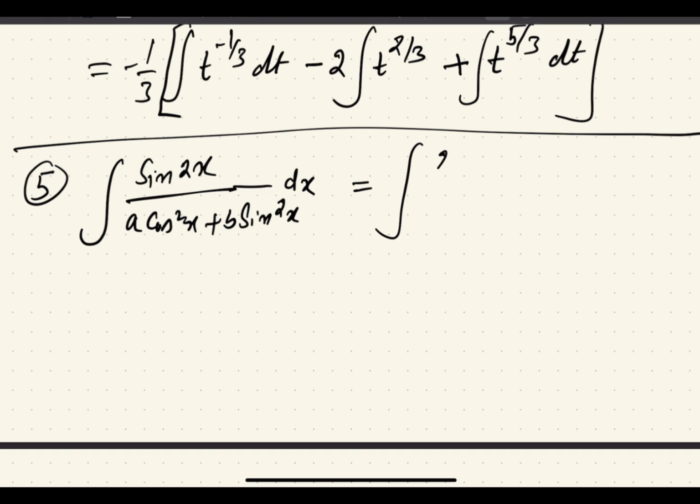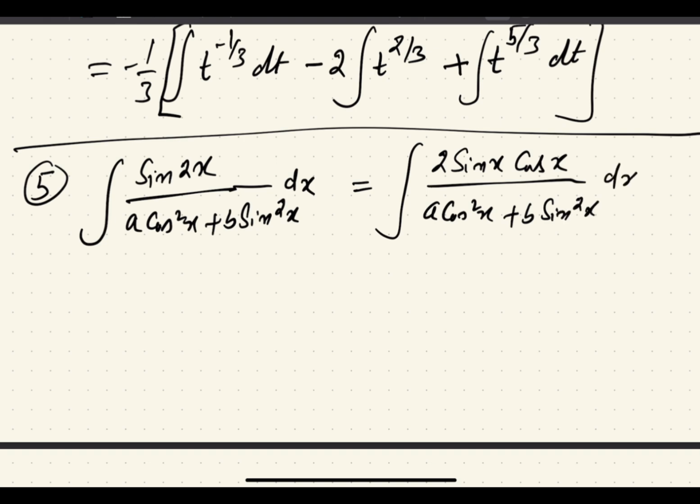This will be 2 sine x cosine x over a cosine square plus b sine square, and this is dx. Okay, this function derivative is there, this also derivative is there, right?